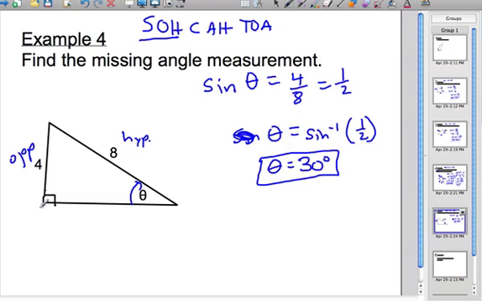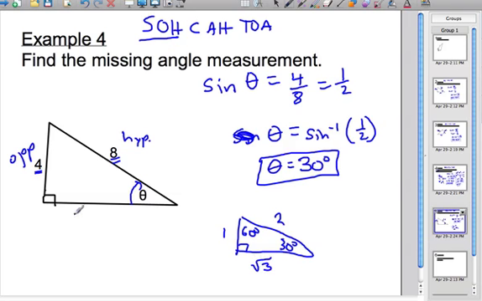If you recognize the ratio here, we have 4 to 8 is the ratio of the side of the triangle to the hypotenuse. And when we have that ratio, you might remember that is the same ratio we have from a 30, 60, 90 triangle. In a 30, 60, 90 triangle, you have the ratio of 1 to 2 to root 3.